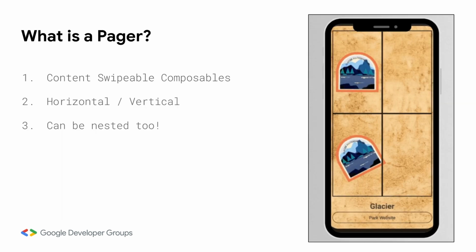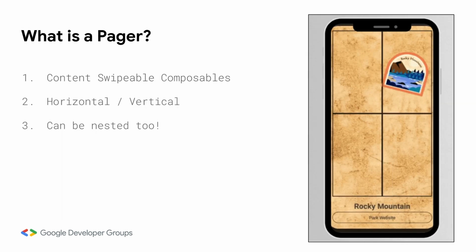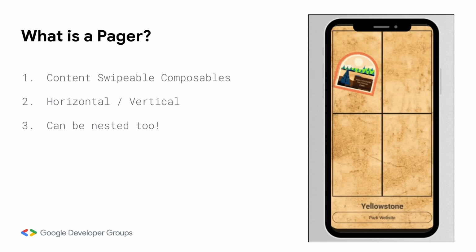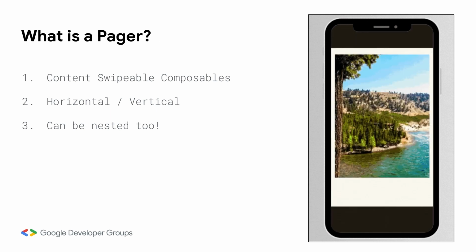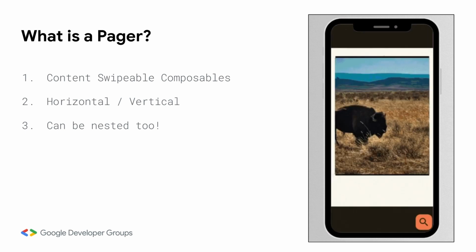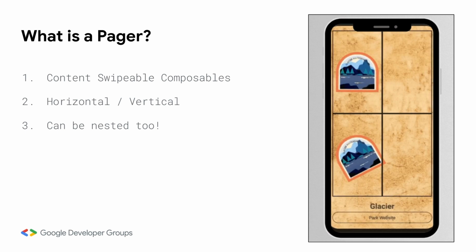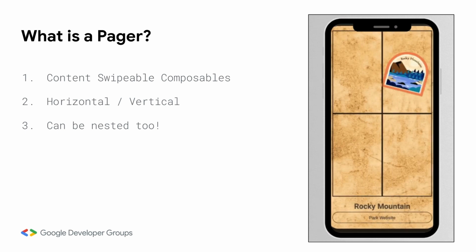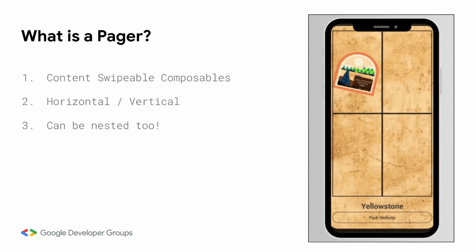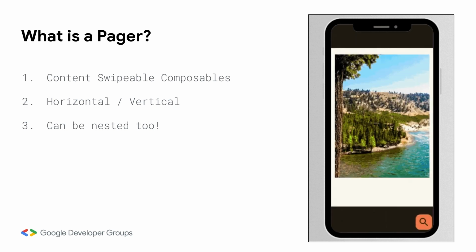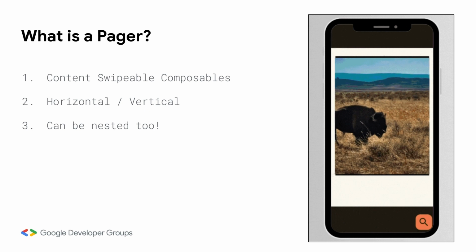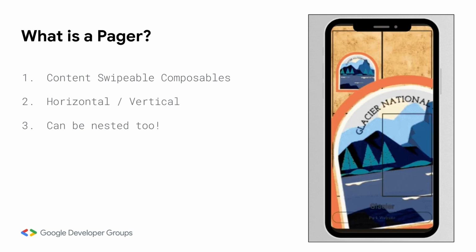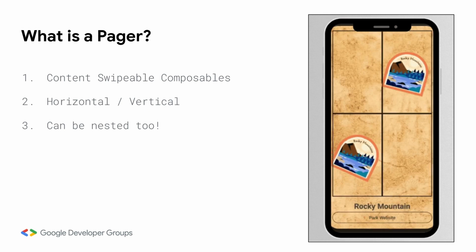Okay, now let's try to understand what a pager really is. A pager is something which has swipeable composables in it. You can swipe to your left, as you can see in the GIF here. So this is our passport. As I said earlier, the entire passport screen is one composable, but inside that it has a nested horizontal and vertical pager.